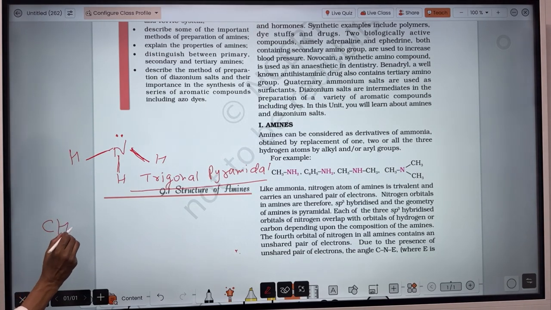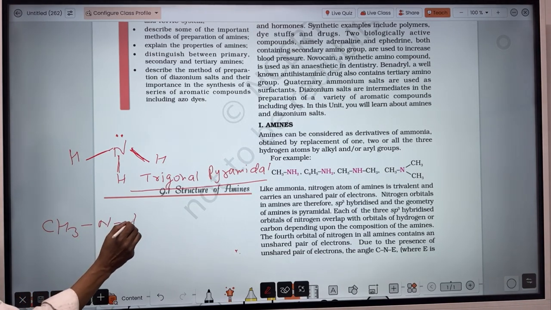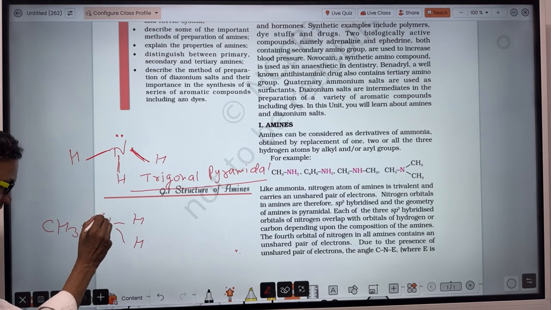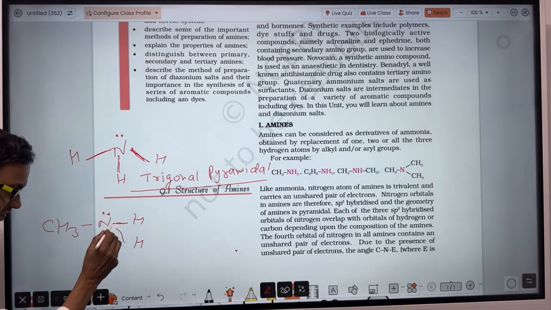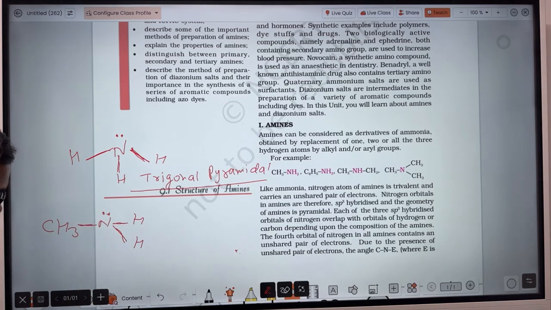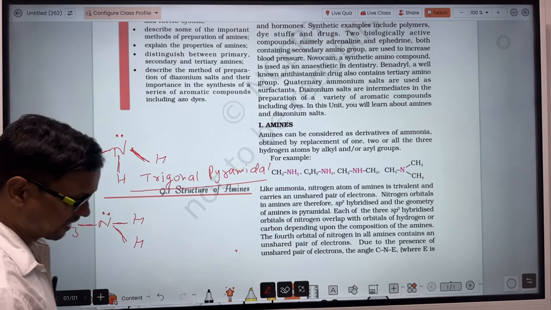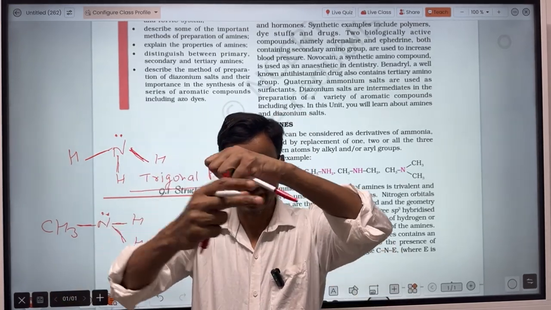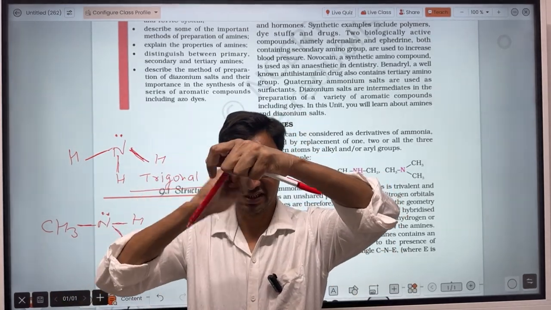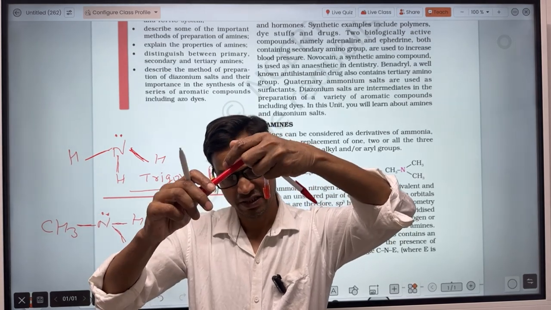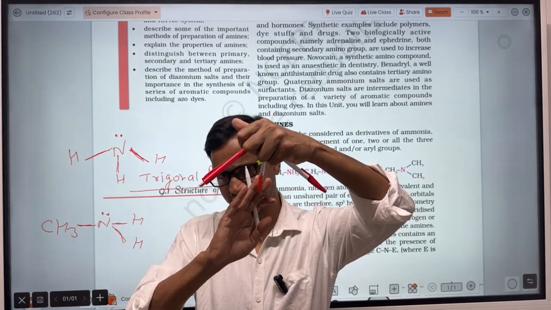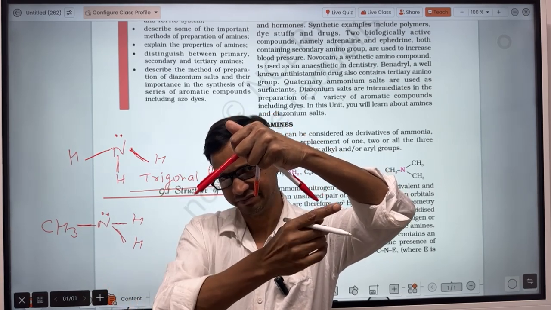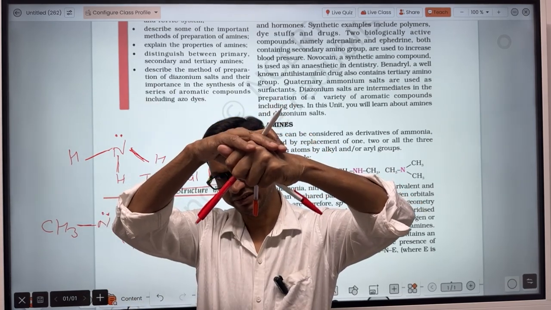In the same way, when we have to find the shape around the nitrogen of this amino group, the lone pair of electrons will repel this bond pair, this bond pair and this bond pair. In the case of methylamine, the carbon atom and the two hydrogens will lie on a single plane, and nitrogen will be above that plane.